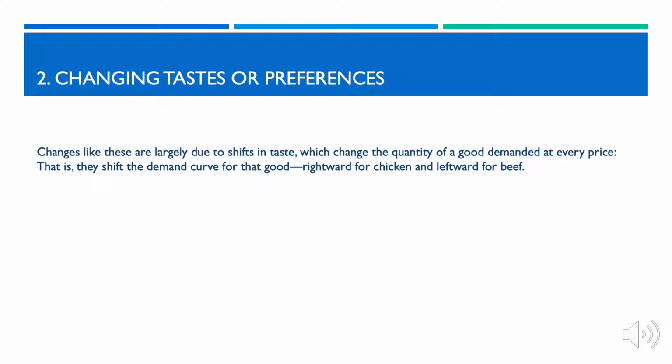From 1980 to 2012, the per person consumption of chicken by Americans rose from 33 pounds per year to 81 pounds per year, and consumption of beef fell from 77 pounds per year to 57 pounds per year, according to the USDA. So chicken went rightward because the consumption of chicken increased, and beef went leftward because the consumption of beef decreased.